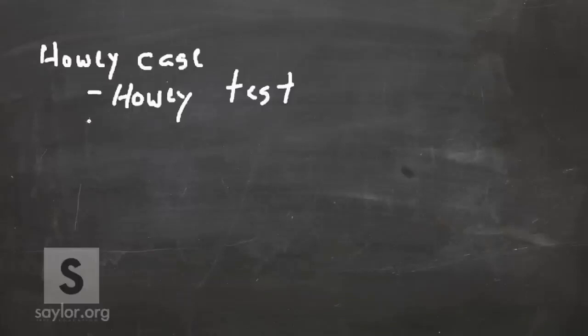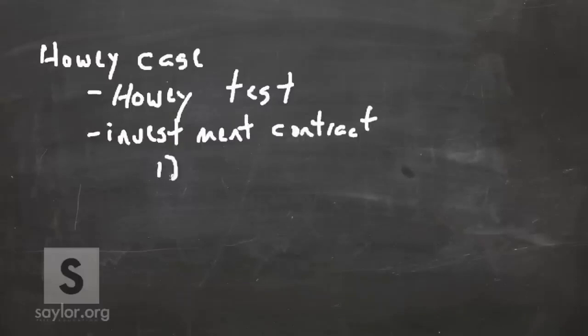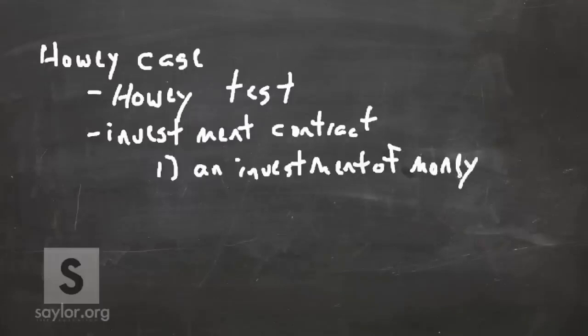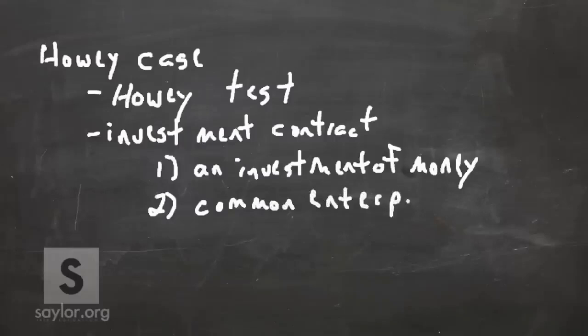So the court said there's an investment contract where there is, one, an investment of money. So that makes sense. We invest money. That's got to be one aspect of it, right? Two, in a common enterprise. Again, this makes sense. Generally, when we think of a security, we're thinking of something that we're investing with other people.